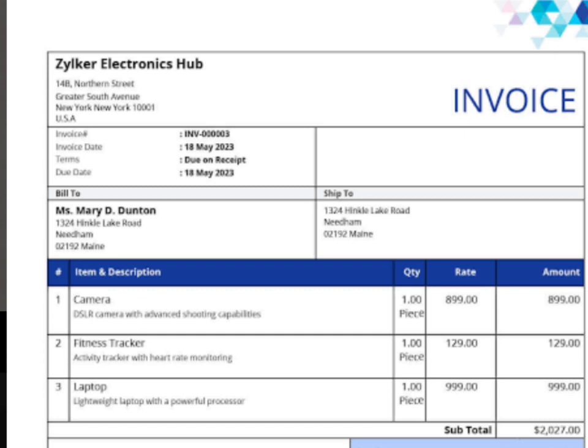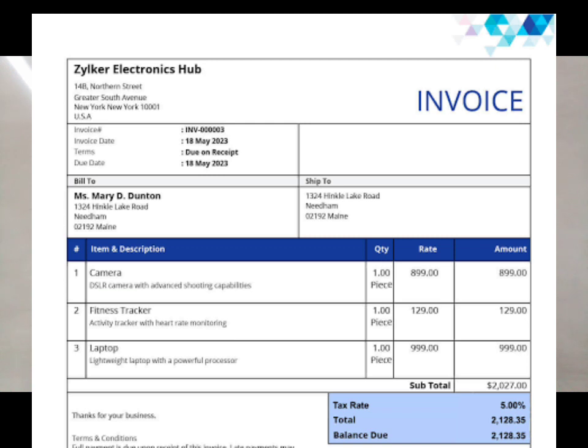The business may also issue out an invoice when customers buy goods from it on credit.